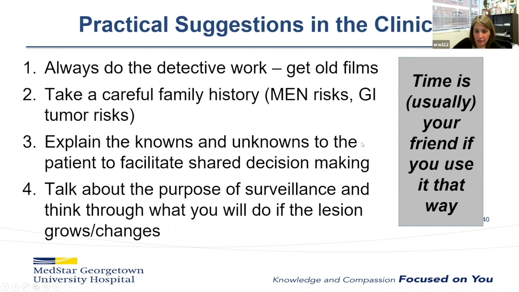You have to really explain the knowns and the unknowns to the patient, and you have to really think about the purpose of surveillance and what you're going to do if the lesion does change over time before you embark on that pathway.